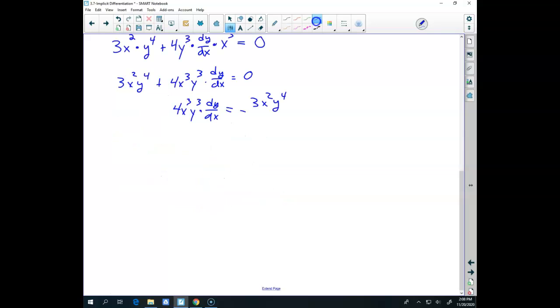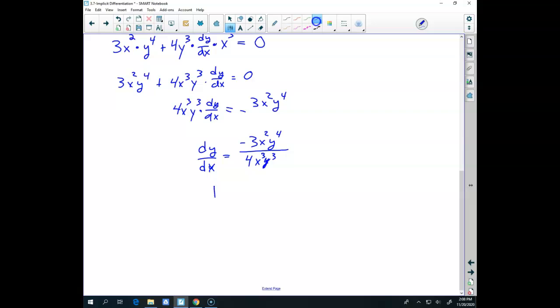So then I need to divide by 4x cubed y cubed. So dy/dx is going to be negative 3x squared y to the 4th over 4x cubed y cubed.